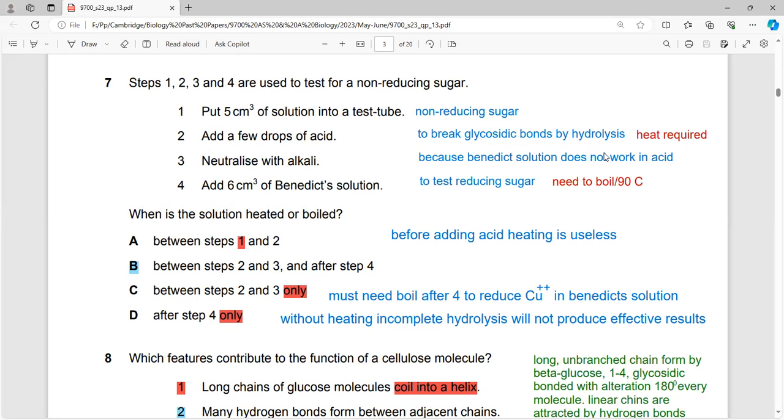That's why it is the wrong option. And heating after 4 only, D is the wrong option. Why? Because if you do not heat it properly after adding the hydrochloric acid, there will be no complete hydrolysis and the result will not be perfect. So that's why B is our correct answer here.